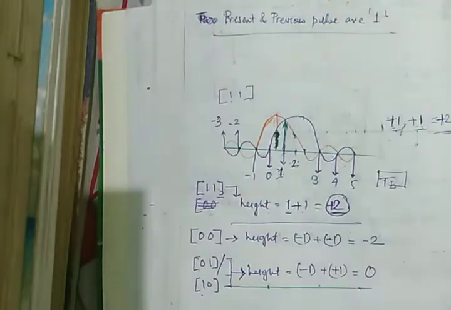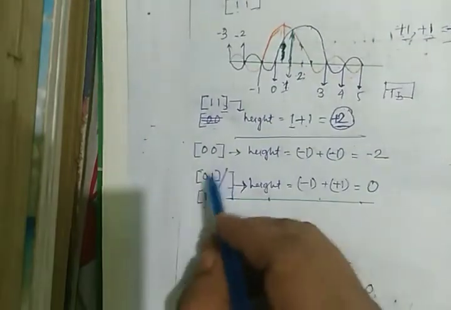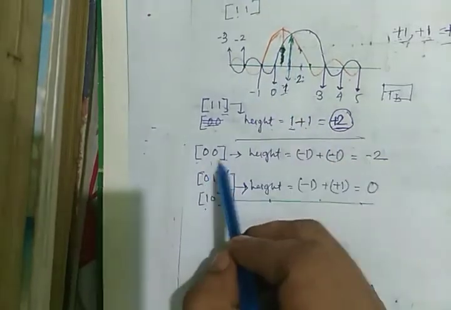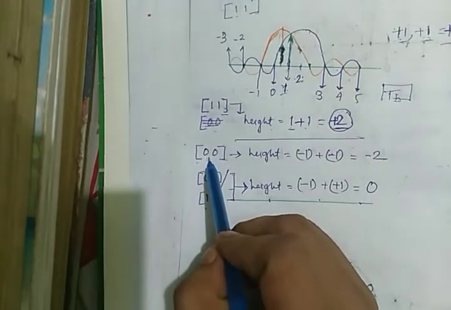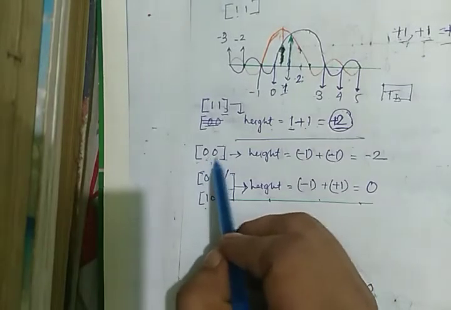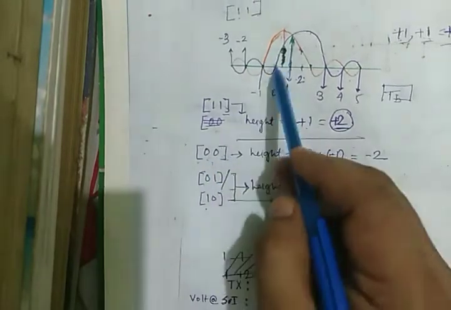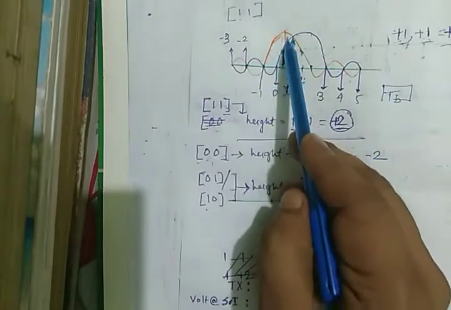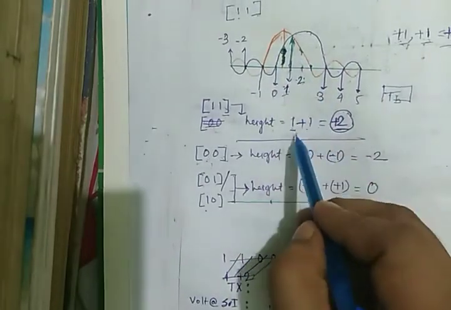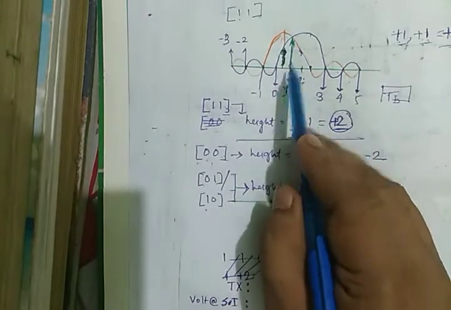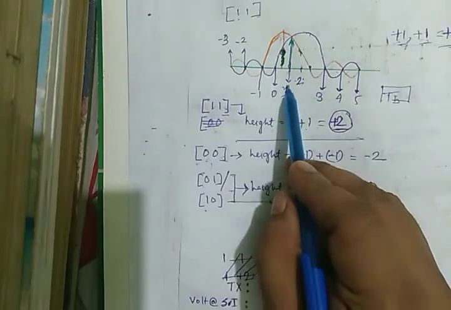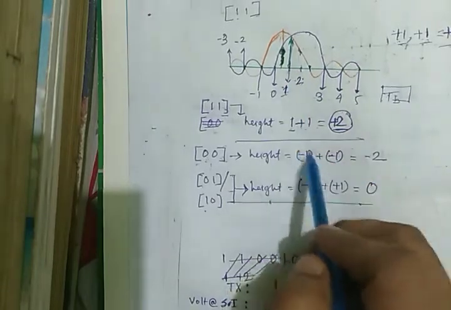Now what will happen in case both these pulses are negative pulses? 0, 0. If I want to transmit two zeros consecutively, what will be the pattern? These two pulses will simply become negative pulses. Previously the height was 1 for each of the pulses, now the height will become minus 1 for each of the pulses.